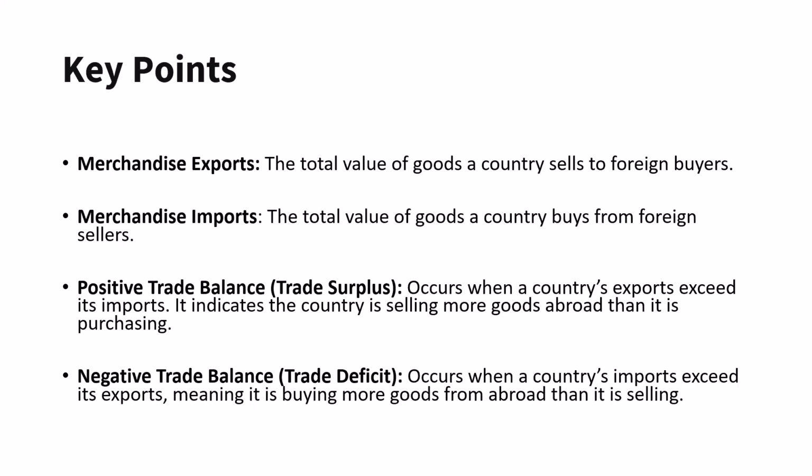A country that wants to grow its economy obviously will have to make sure that it is selling more than it is purchasing, because as soon as you purchase more than you sell, then we have what is known as a negative trade balance, or trade deficit. So that is very, very important.